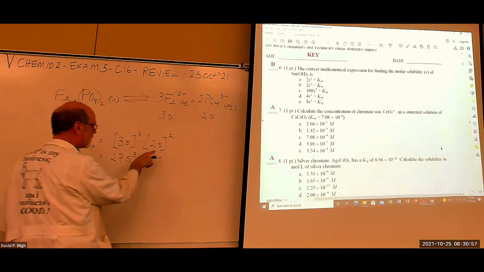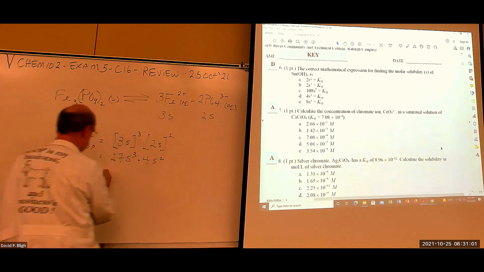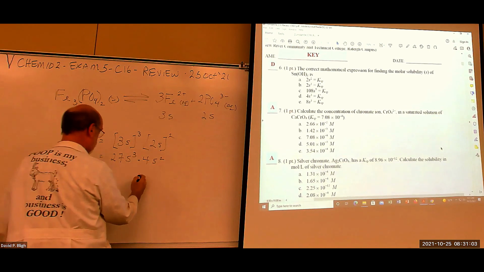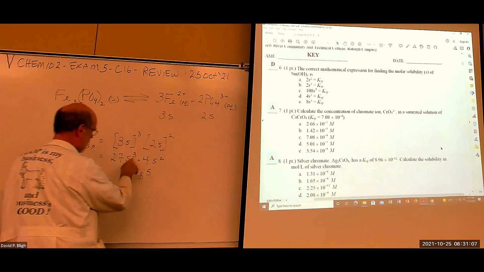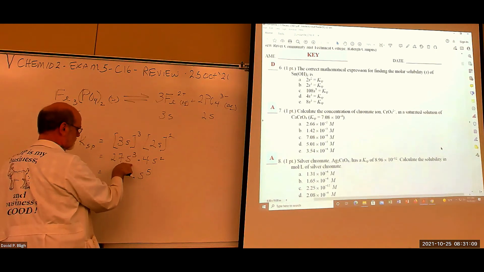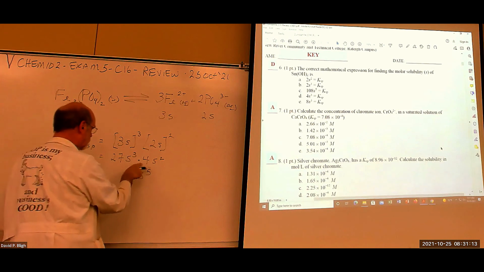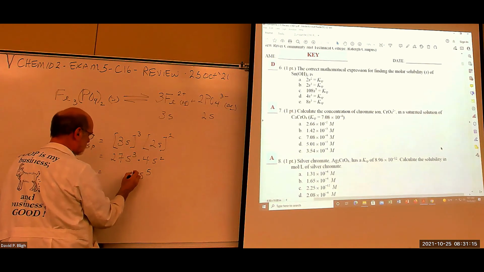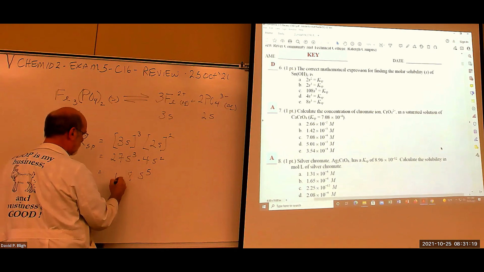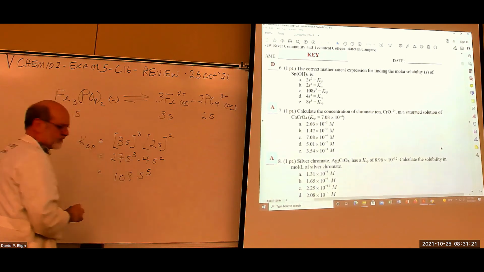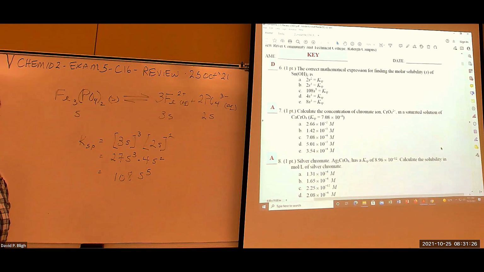And this one is 4 S squared, so we have S to the 5th power. Add the exponents. Yeah, that's right. Then 4 times 27 would be 108, and 3 plus 2 is 5. 108 S to the 5th power. That makes sense.